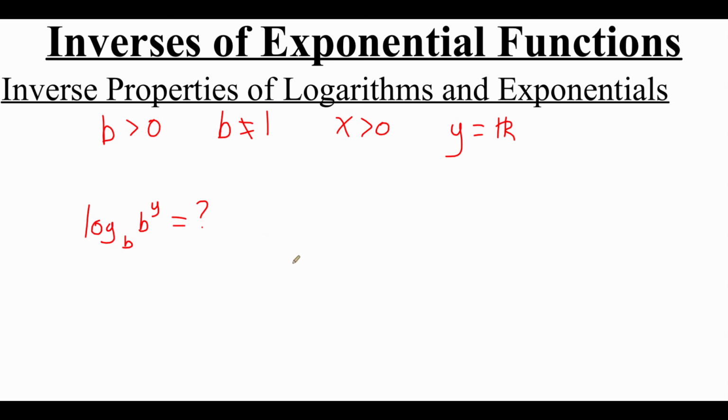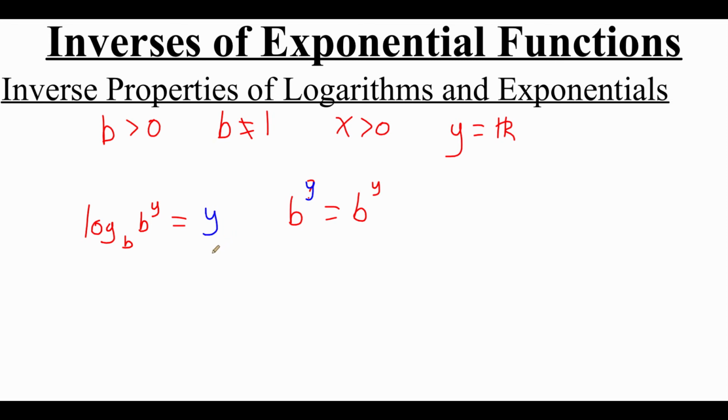Well, if we take that and write that in exponential form, this would be b to some power equals b to the y power. And as we're looking at this, what power of b would we put on b to get b to the y power? Well, that power would have to be exactly the same in order for these to be equal to each other. So this power would have to be y. So log base b of b to the y is equal to y.